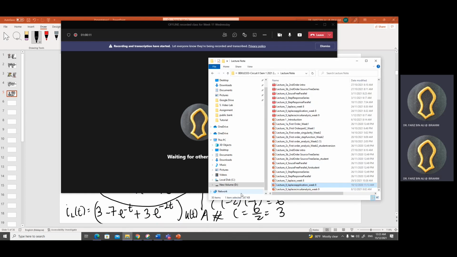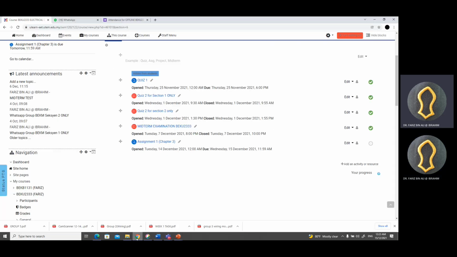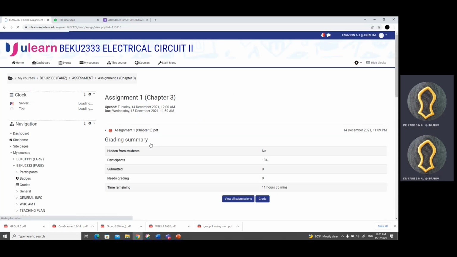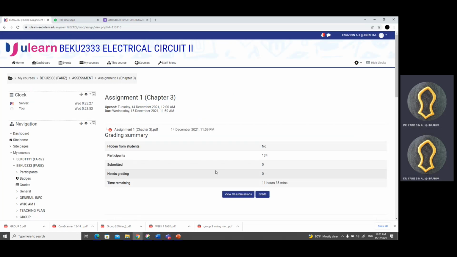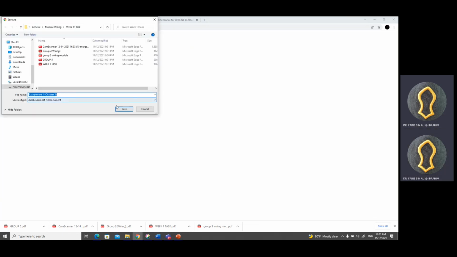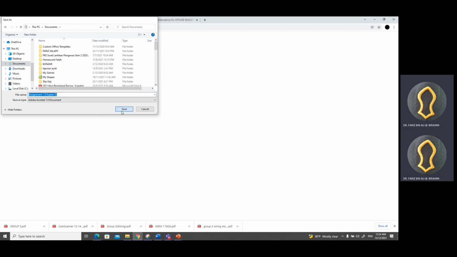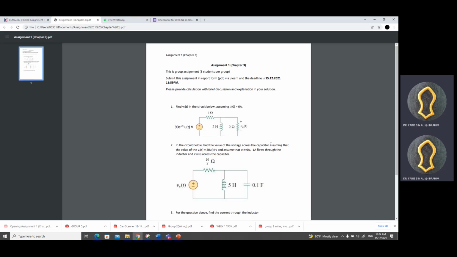So let's check where our assignment is. You can go to here, this assignment here. Click this, and then you have to click this. Let's see, I put it in documents first, and then I open that assignment.